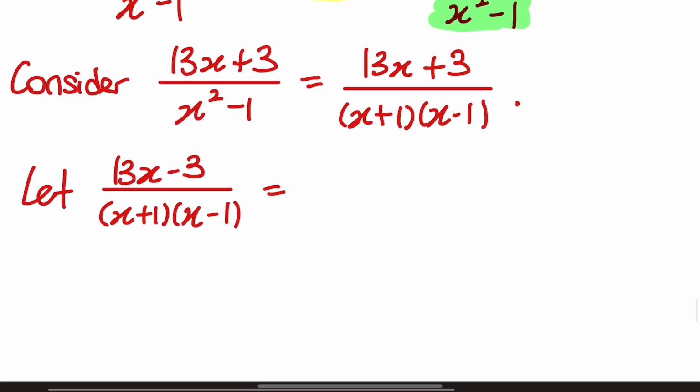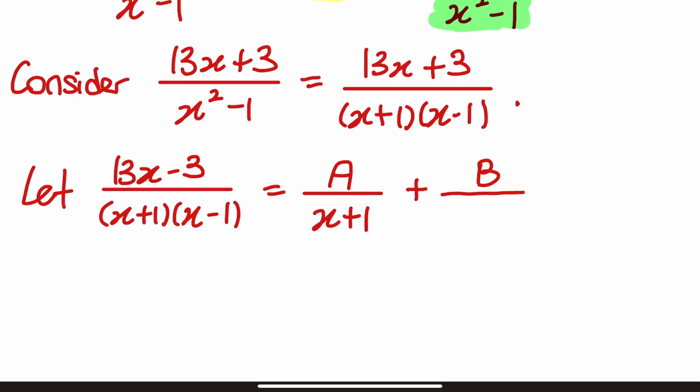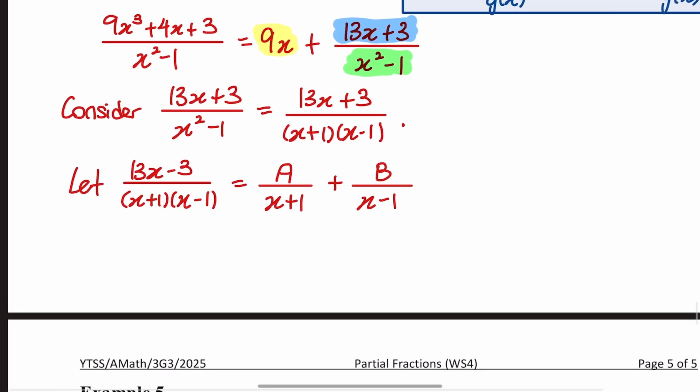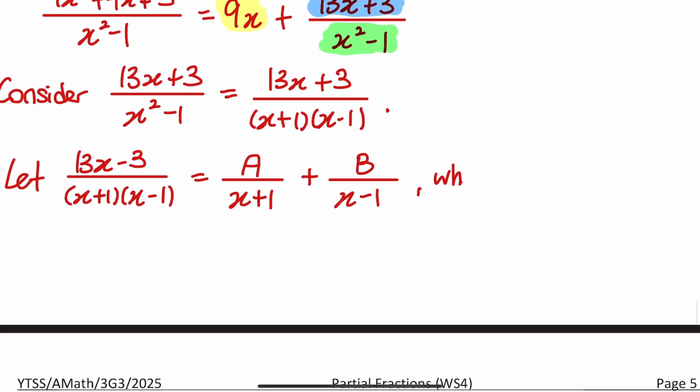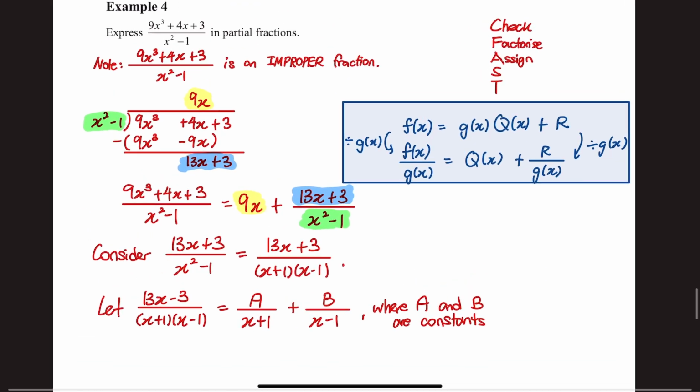Based on the denominator, these are two linear factors, so this will turn into A over x plus 1 plus B over x minus 1. And don't forget to define that A and B are constants. Okay, so assigning part done.